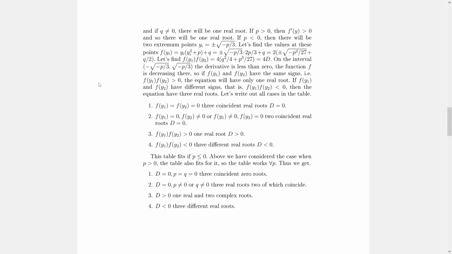And if d equals 0 and one of p or q is not equal to 0, then we have three real roots, two of which coincide. If d is greater than 0, then we have one real and two complex roots. And if d is less than 0, we have three different real roots.